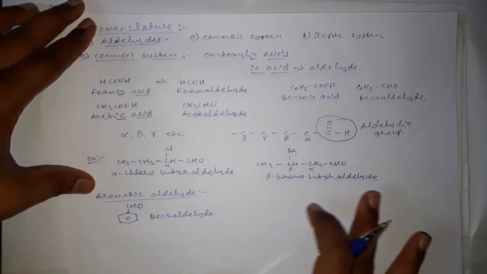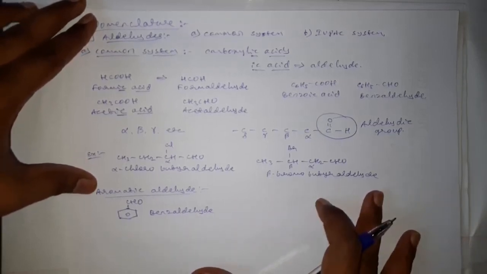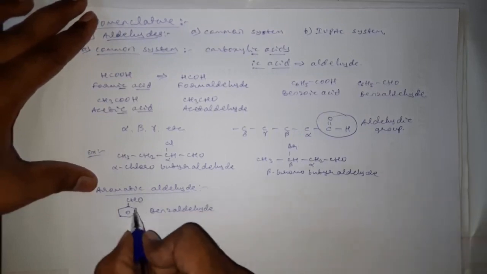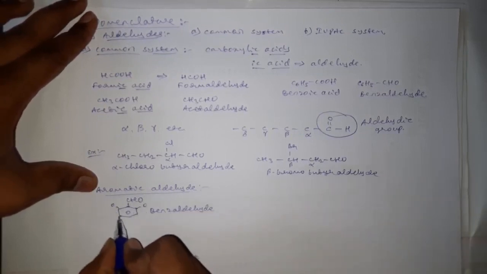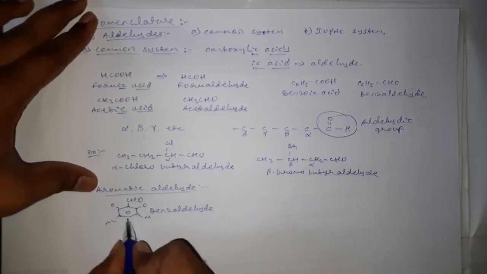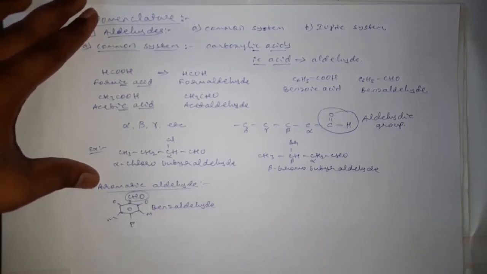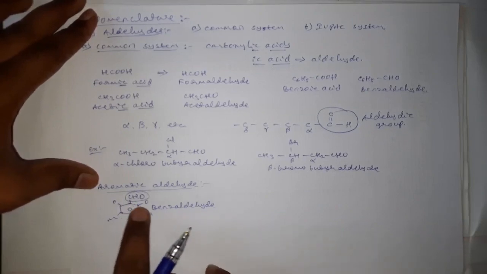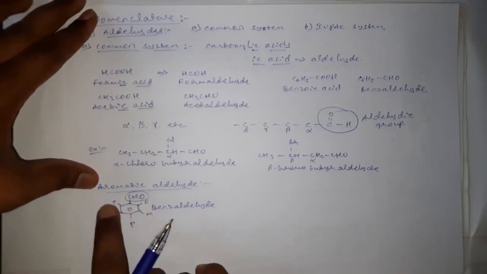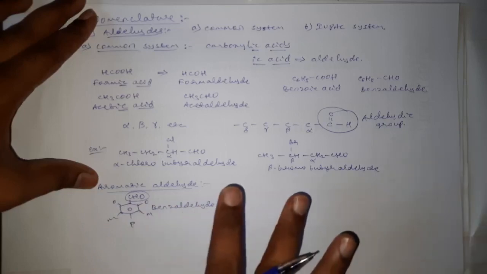And if any substituents are there, then we have to use the prefixes ortho, meta, and para with respect to this aldehydic group, that is CHO. With respect to CHO, we use the prefixes ortho, meta, and para.